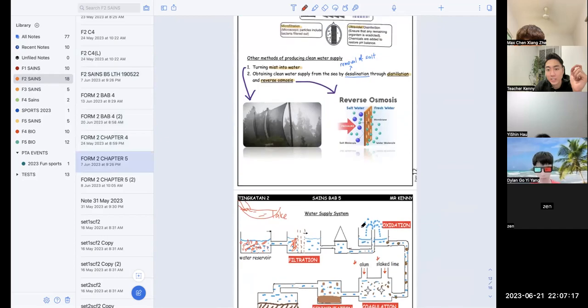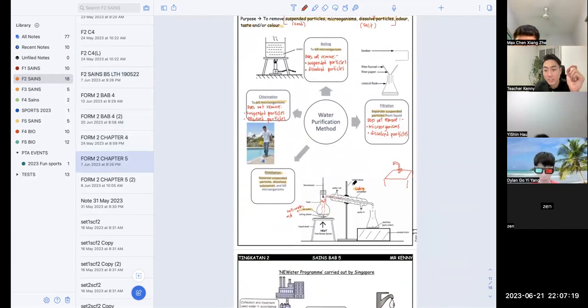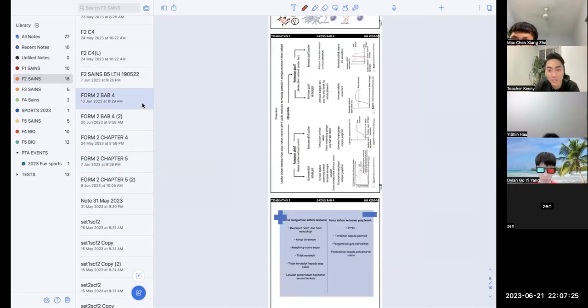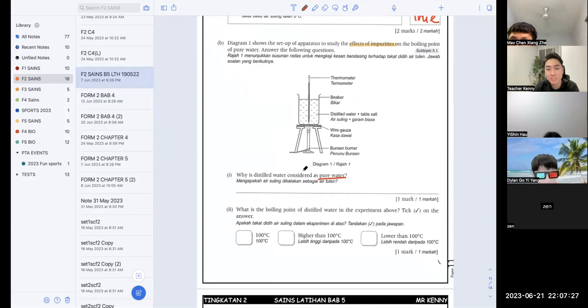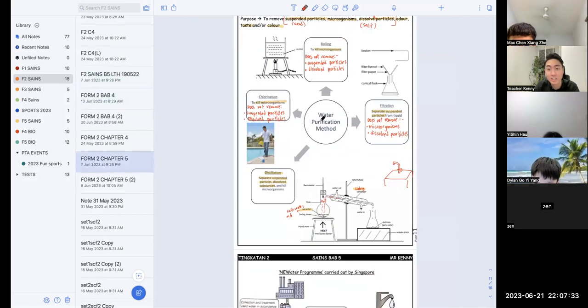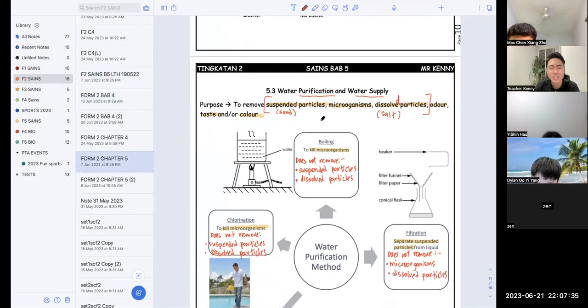Distilled water is this one. This water that comes out is called distilled water. Now why do I call it pure water? Not because it kills microorganisms. So what makes water pure? What is the meaning of pure water? Meaning of pure water means they are free from 1, 2, 3.